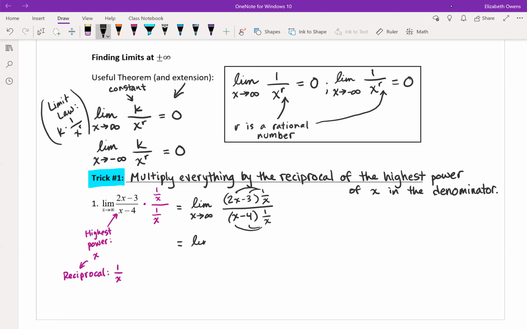So you have the limit as x approaches infinity of 2, because the x's cancel out, minus 3 over x in the numerator, and in the denominator, 1 minus 4 over x.